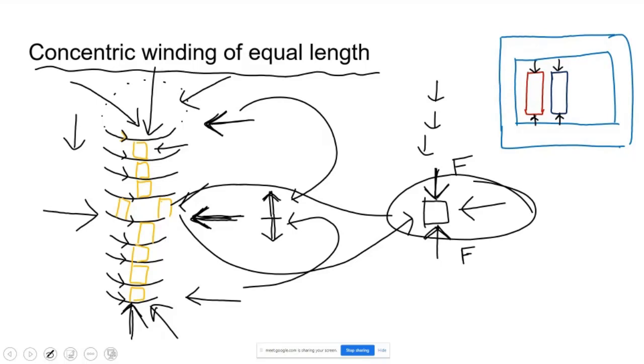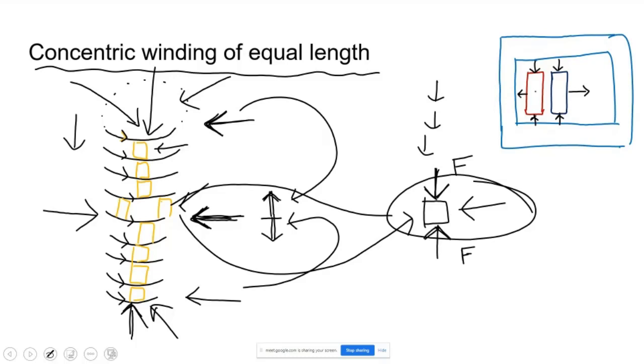Now, due to external forces, how shall I depict? In which direction? Outside the winding and inside the winding. So for the outer winding it is radial, outside, and for the inner winding it is inside.